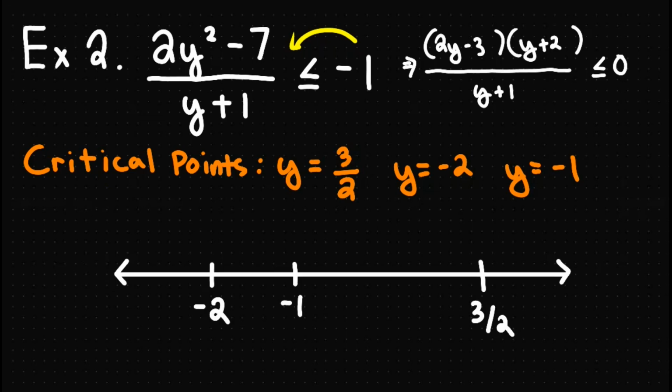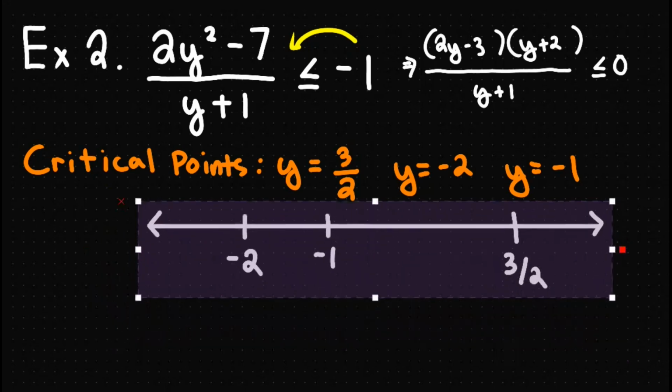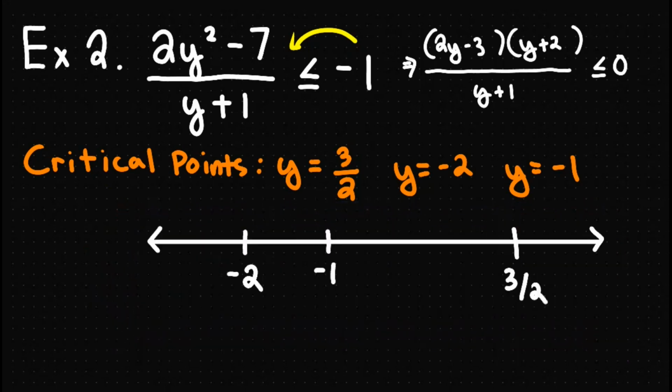Just take note that you need to be careful in plotting the points, since if you aren't careful, then the answer might be incorrect. Let's first split the region. So we have region 1, region 2, region 3, and region 4.